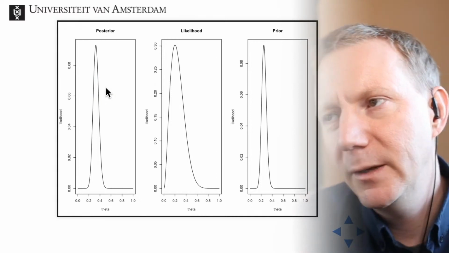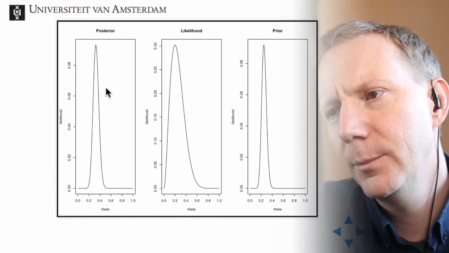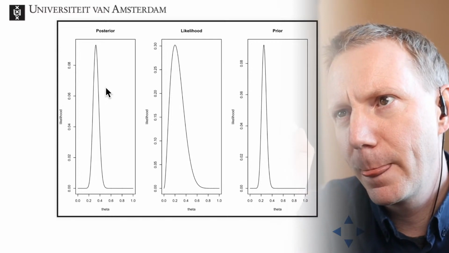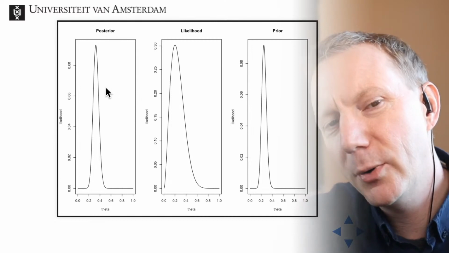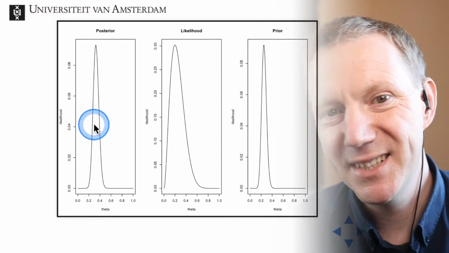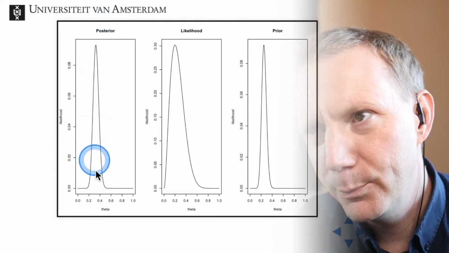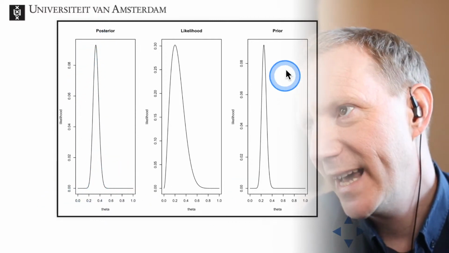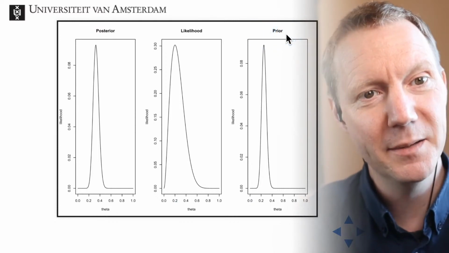Because they say, well, if you state that the posteriors of today are your priors for tomorrow, that means that the next day that I do this experiment, I will use this posterior distribution as the input, as my prior belief, because I'm updating my belief.